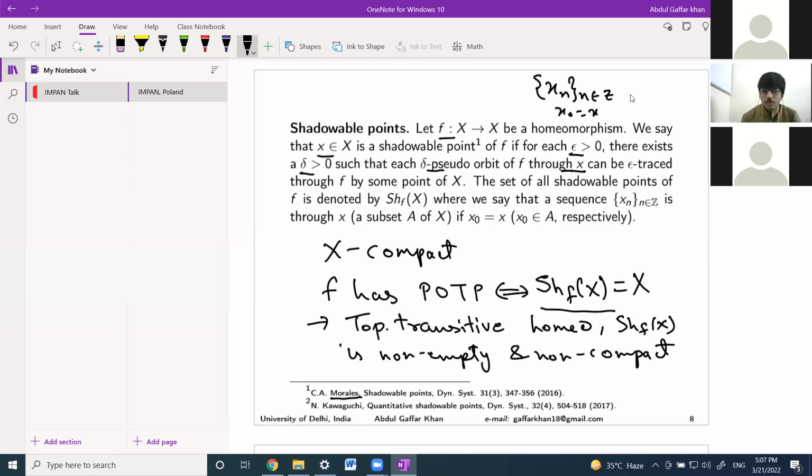Definitely, directly from the global viewpoint, this question cannot be asked. So this motivated Kawaguchi to further introduce a weaker form of shadowable points, namely quantitative shadowable points, which says that this is not possible.